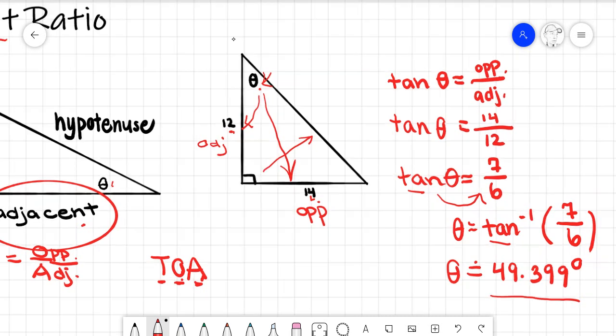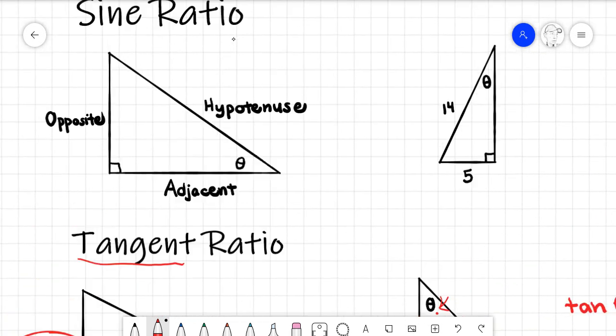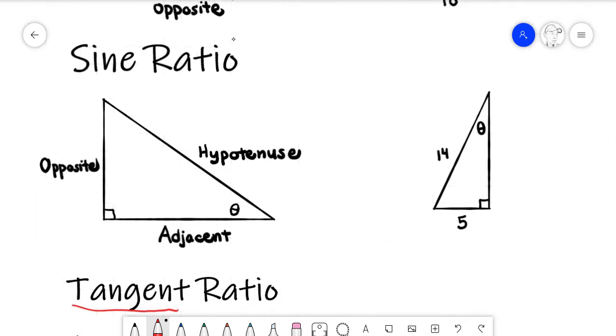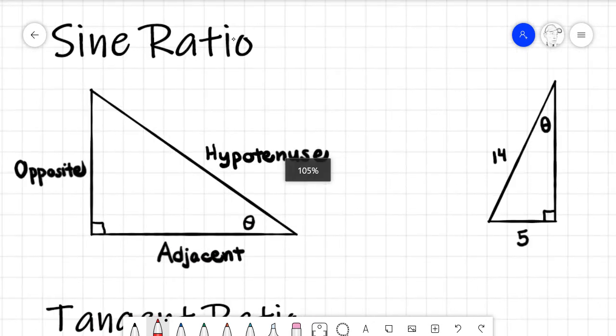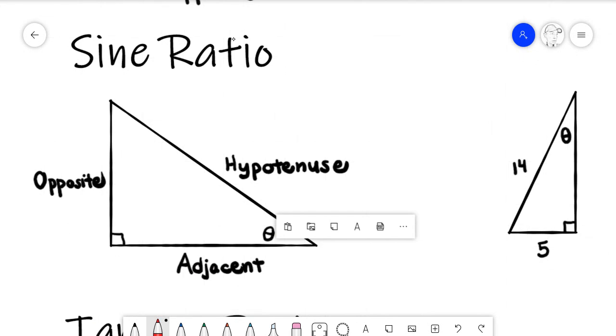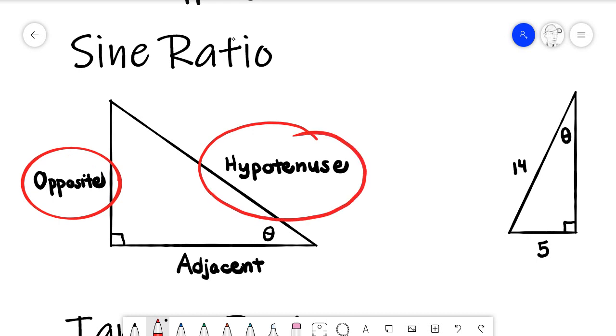Okay, and let's look at the next ratio. Here we have the sine ratio. To use this, we need to know the opposite side and the hypotenuse. Our formula goes sine theta equals opposite over hypotenuse.